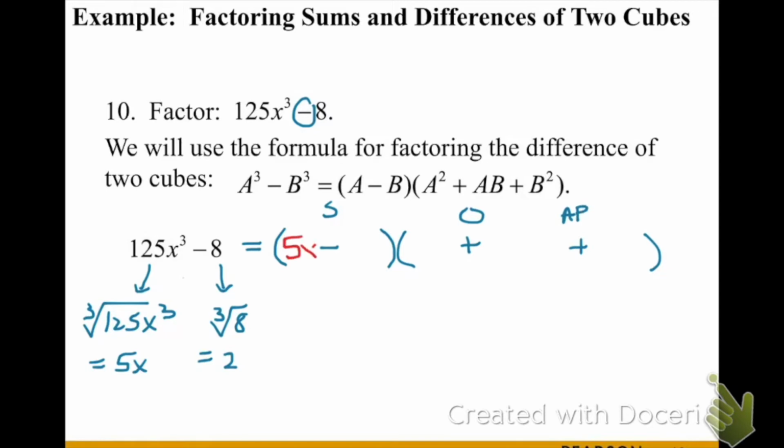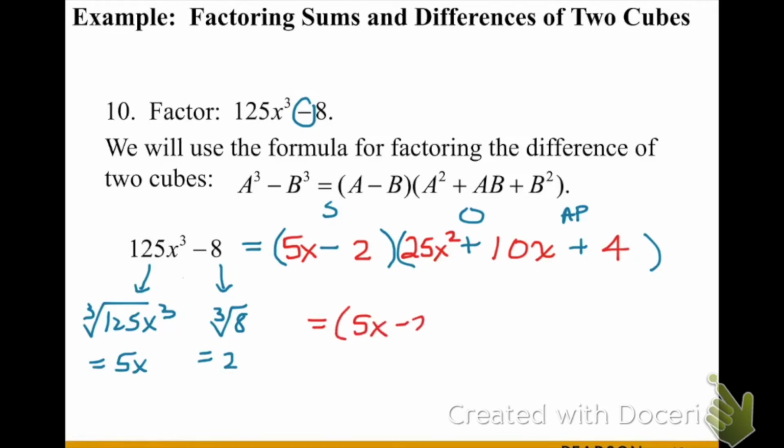And then from there, we need to write in our terms. So for the binomial, it would be the cube root of each term, so in this case 5x minus 2. But then for the trinomial, we're going to square the first, which will give us 25x squared, multiply the two together, giving us 10x, and then square the last term, giving us 4.